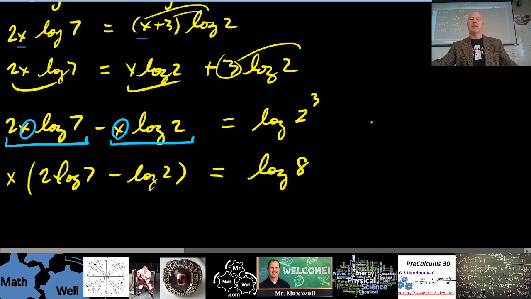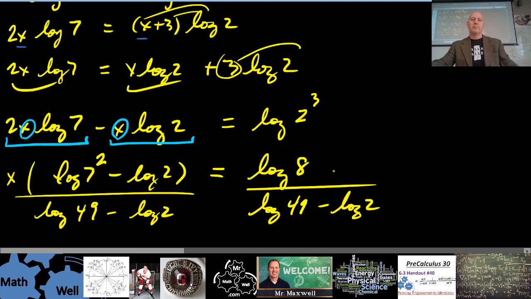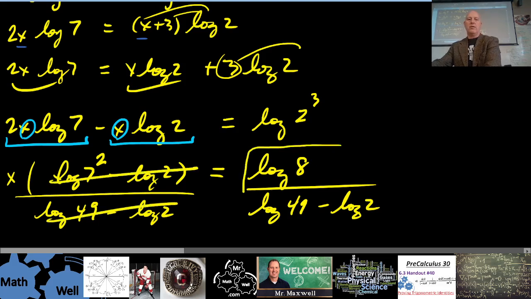And then one final step, a couple things you could do, I guess. Now you could put this 2 up here as a squared. And then you want to divide both sides now by log of 7 squared, which is 49, minus log of 2. Then these will cancel out, and this value is what your x is going to equal.